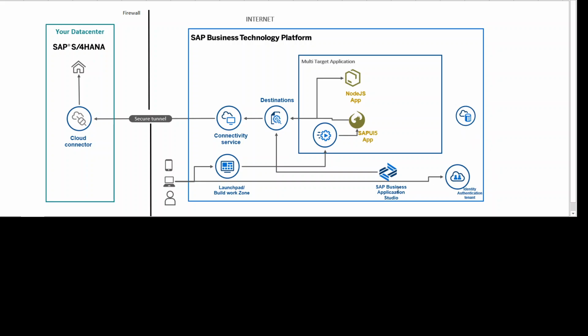So let me bring in, let's label it across. We have SAP HANA Cloud with us. The communication with SAP HANA Cloud will be internal, happening via the HDI containers.